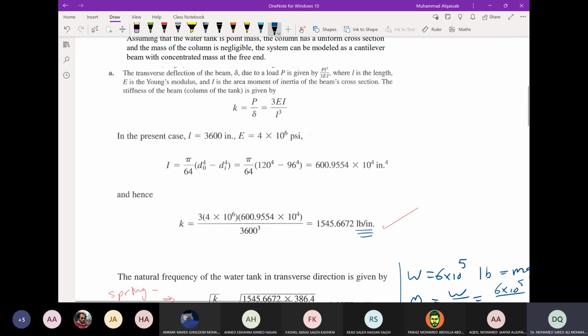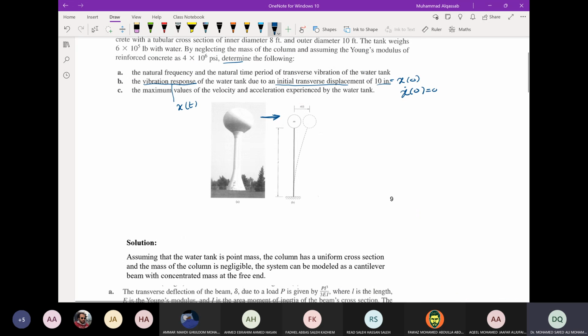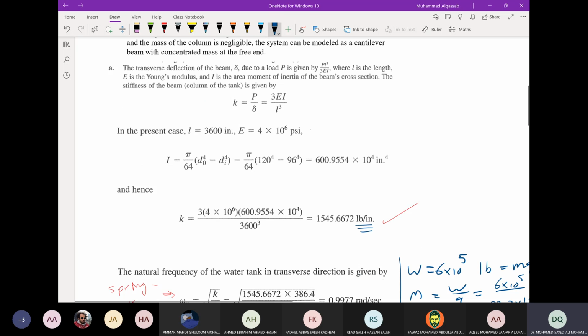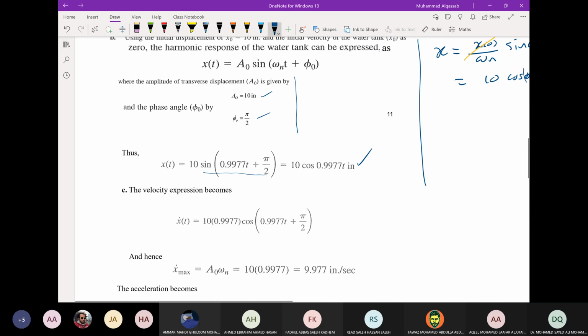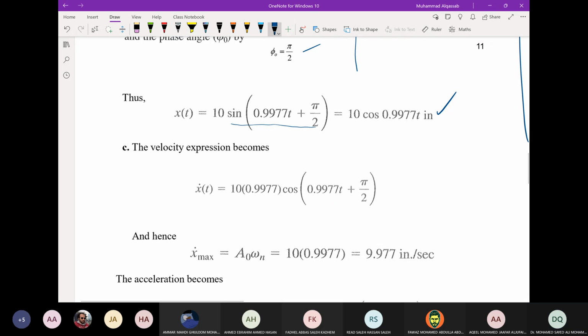Then part C is to find the maximum values of the velocity and acceleration experienced by the water tank. The maximum velocity and maximum acceleration, since this is harmonic, or you can differentiate this equation to get the velocity. This is the response, which is x.